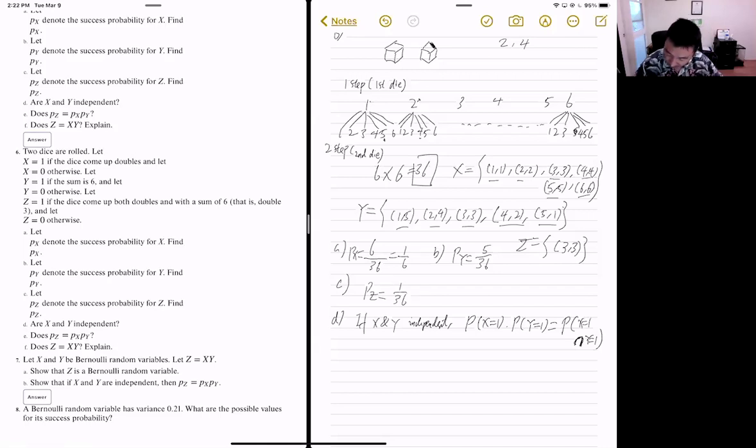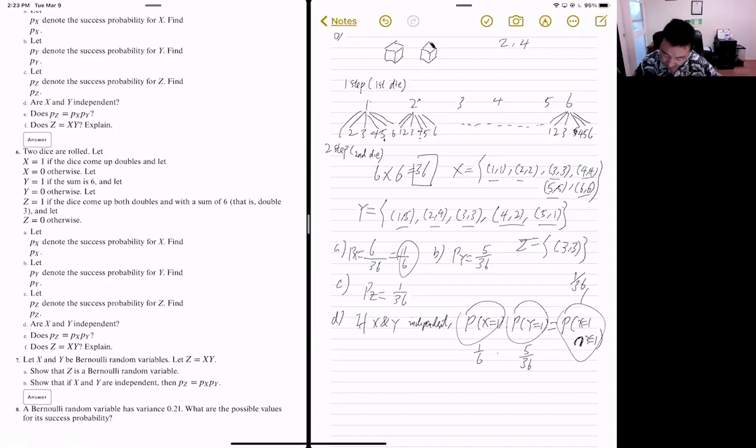So Px and Py: when x equals 1 and y equals 1, that is double 3. The chance for that is 1 over 36. And for Px, Px is 1 over 6, as we see from part A, and Py is 5 over 36.